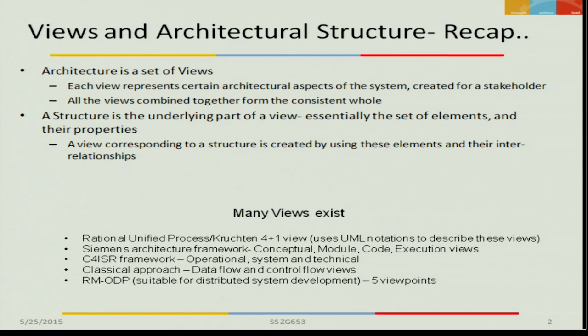It's called the Rational Unified Process model, or Kruchten's 4+1 view. Kruchten's 4+1 view has been integrated in the RUP, and UML uses this 4+1 notation to describe these views. So it makes sense to understand the 4+1 view in detail.